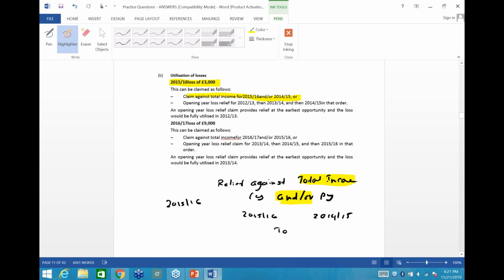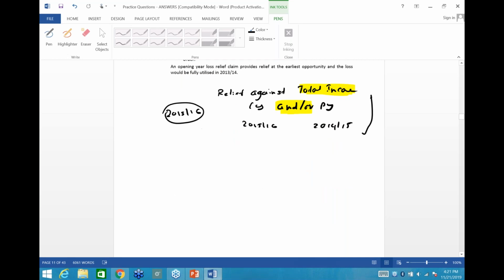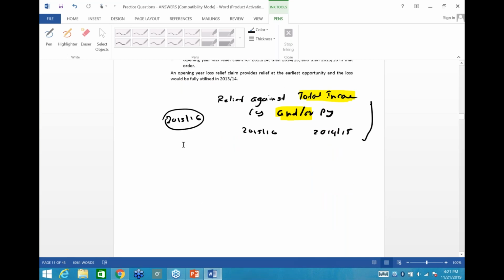So when you're setting off your trading losses, remember, you have the flexibility to determine this. If you want, you can first set the 15-16 loss off against 15-16 total income, then against 14-15 total income.